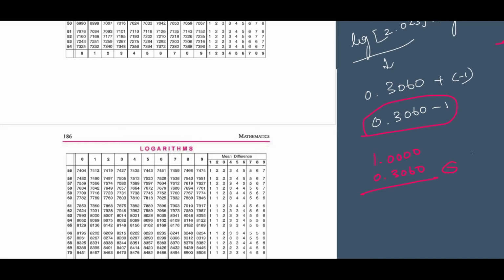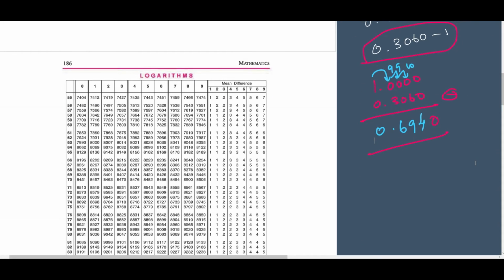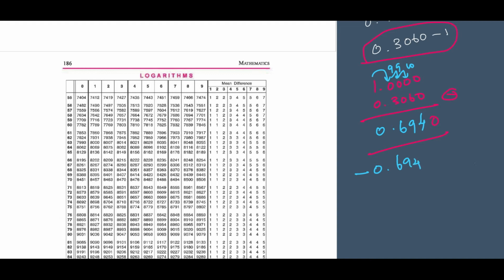If you subtract this, what you will get? 0 minus 0, you will get 0. Then we can't go for 0 minus 6, we have to get the borrow from here. So 9 will come here, 9 here will be 10. 10 minus 6, 4, 9, 6, 0. But my final answer is nothing but minus 0.6940. This is my answer.